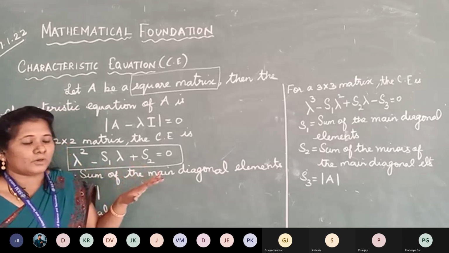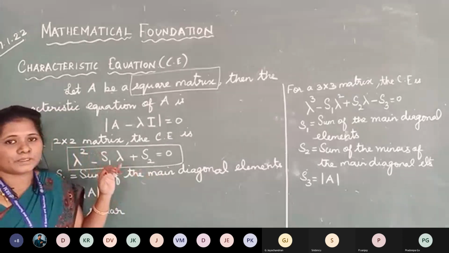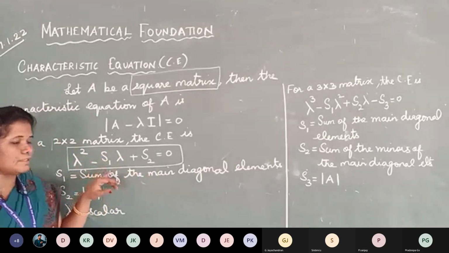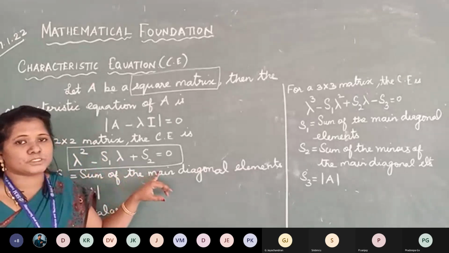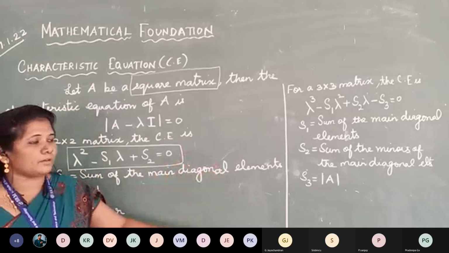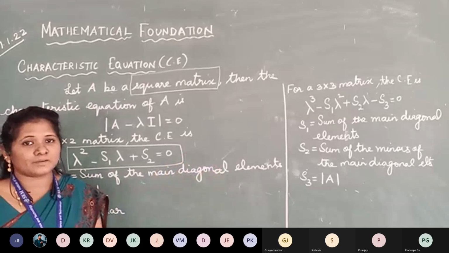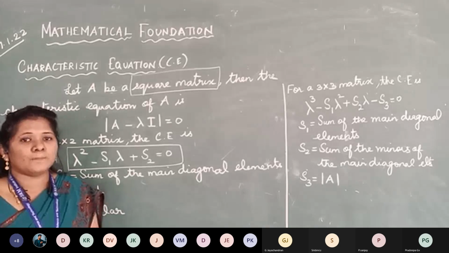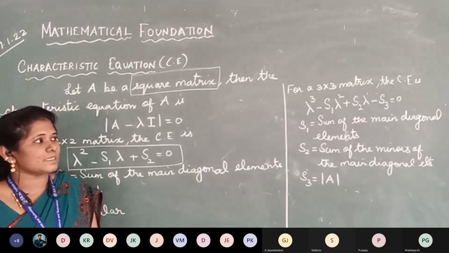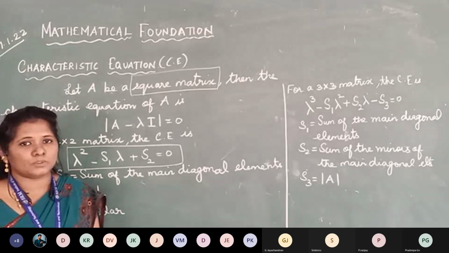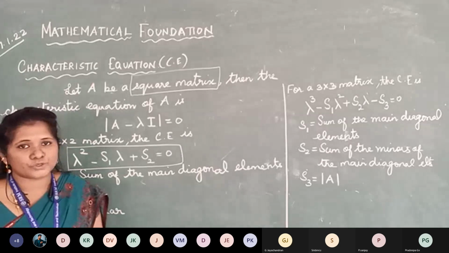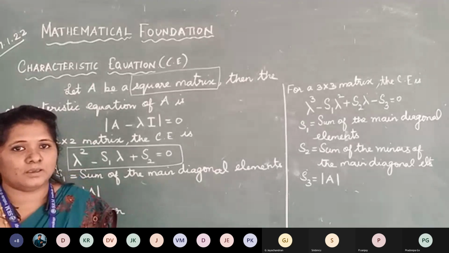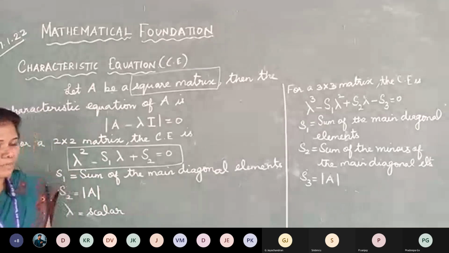So, what did I tell? For your 2 cross 2 matrix, it will be lambda square minus S1 lambda plus S2 is equal to 0. And for a 3 cross 3 matrix, it will be lambda cube minus S1 lambda square plus S2 lambda minus S3 equal to 0. And I've given you what is your S1, S2, and S3. I've written the formula.